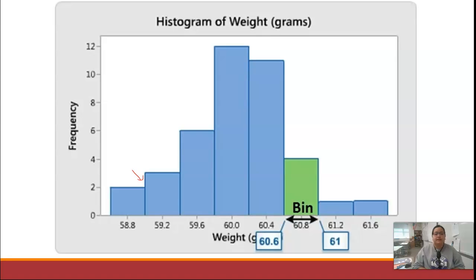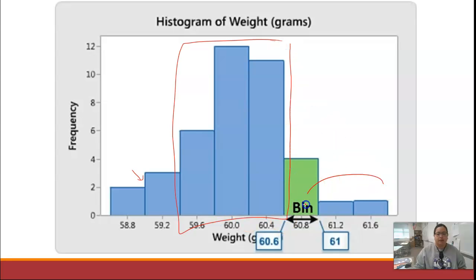So I can see that the most common weight of this item is 60 grams. And I would expect things to be in this area. This is the most common. Over here and over here are the least common. And that gives me information about what to expect for the weight of whatever item this is measuring.